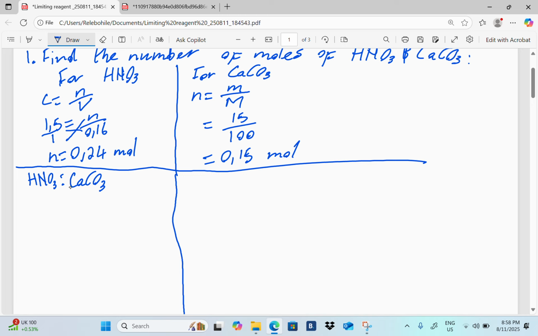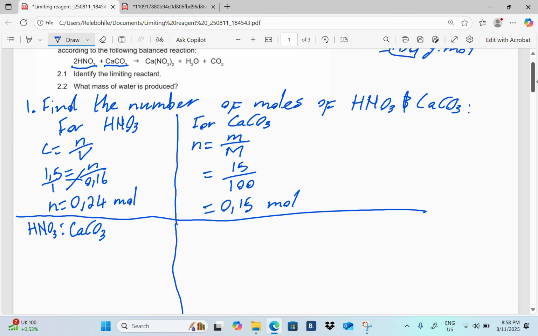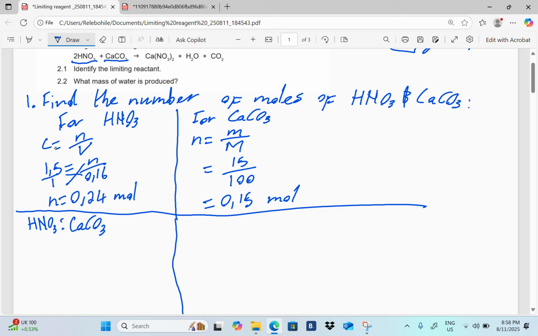Then I'm going to look at the coefficients of the two substances, which will give me my ratios. I see that the coefficient of nitric acid is 2, so I'll put 2 here, and the coefficient of calcium carbonate is 1, so I'll put 1 here.